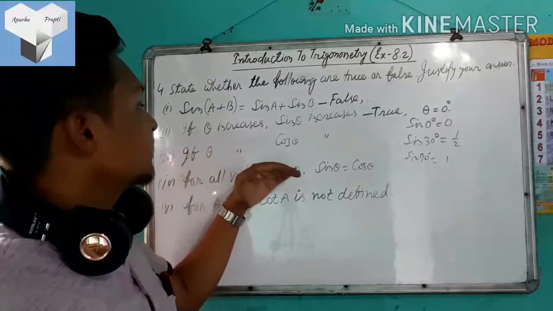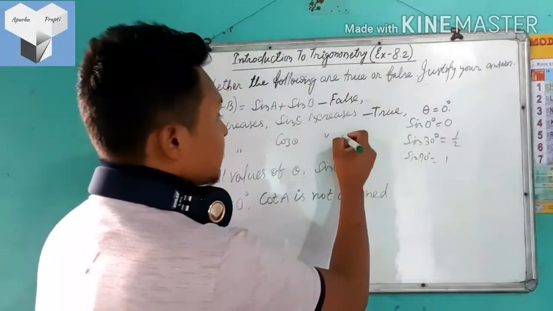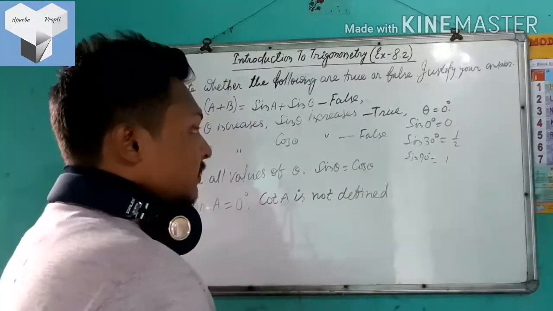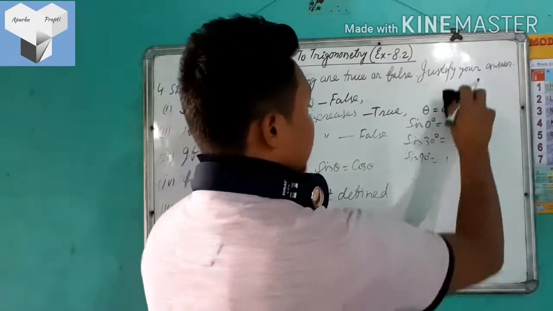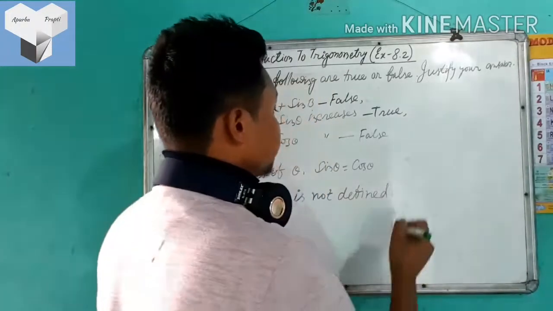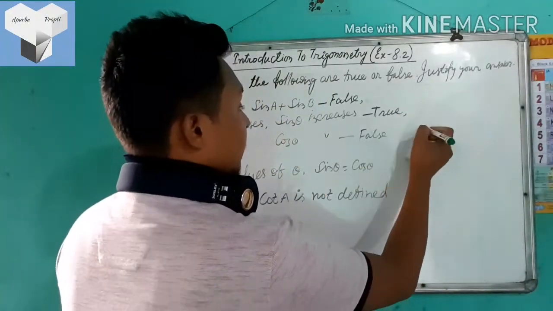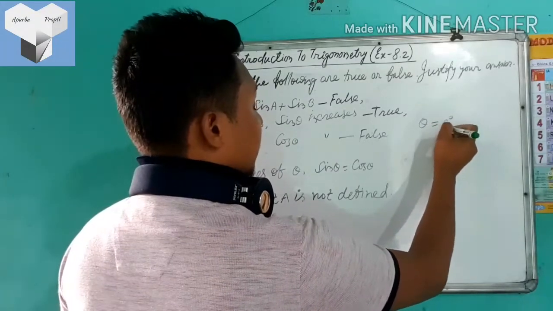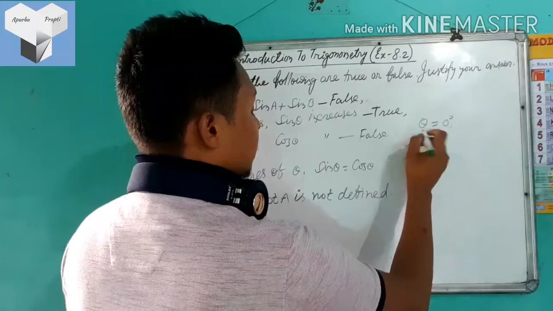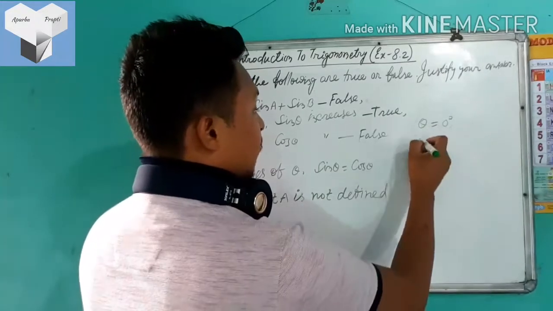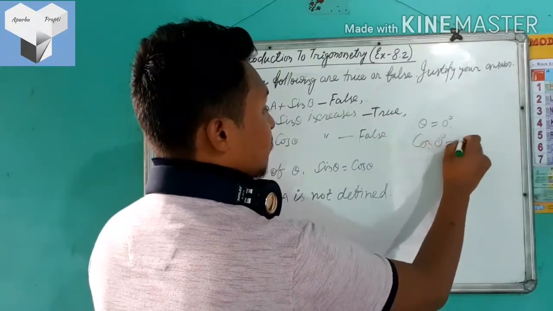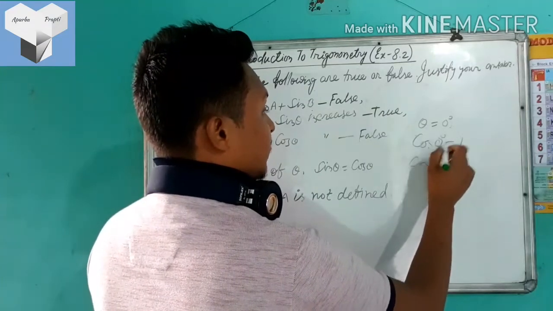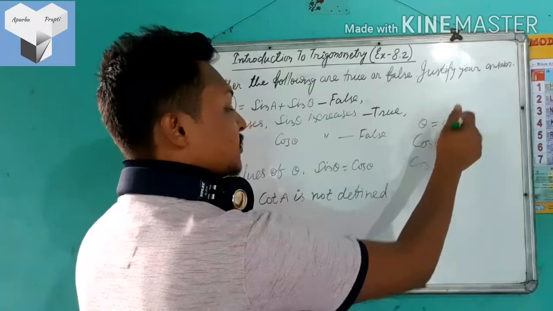Next, if theta increases, cos theta increases. This is false. Why false? Check out yourself. Listen, suppose theta is equal to 0 degree. Then cos 0 degree is equal to 1, and suppose we increase theta from 0 to 90 degree.